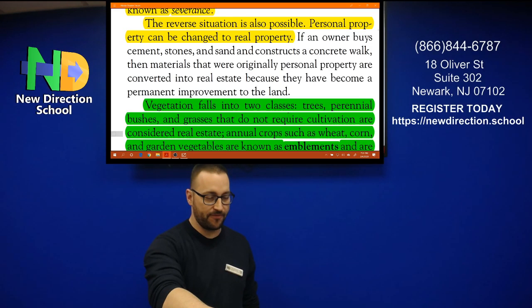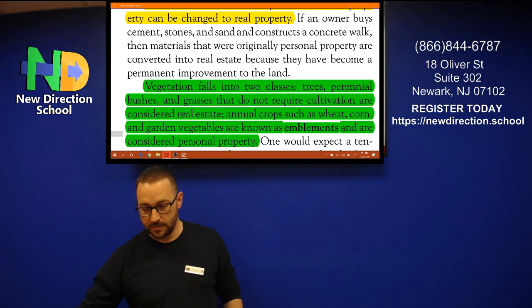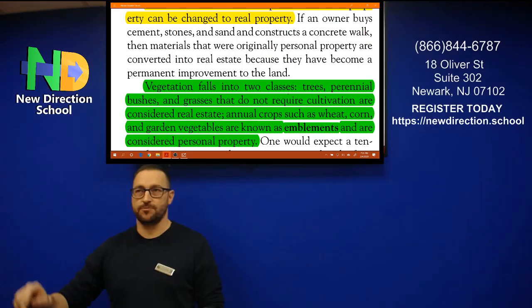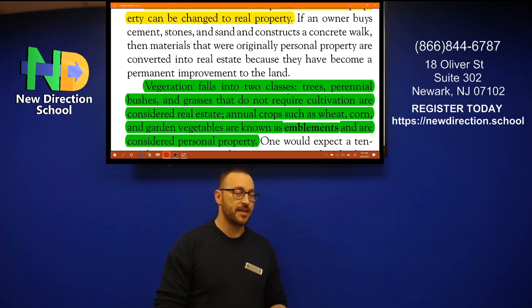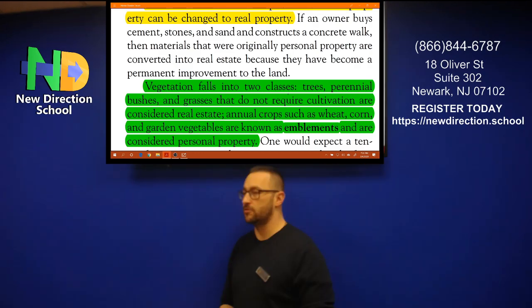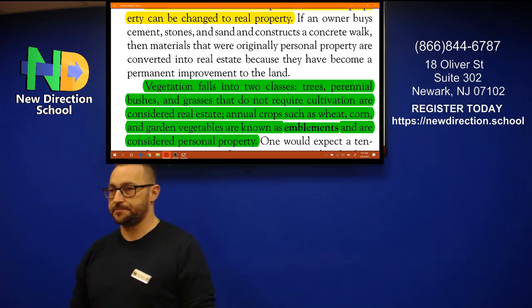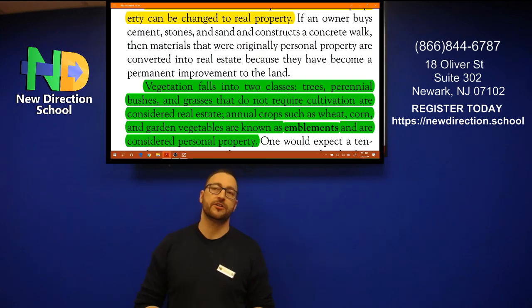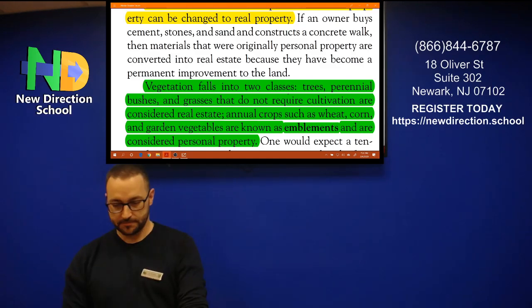Next we have vegetation. Vegetation falls into two classes. We have trees and perennial bushes and grasses that do not require cultivation. These are considered real estate. Now, crops such as wheat, corn, and garden vegetables are known as implements and are considered personal property.